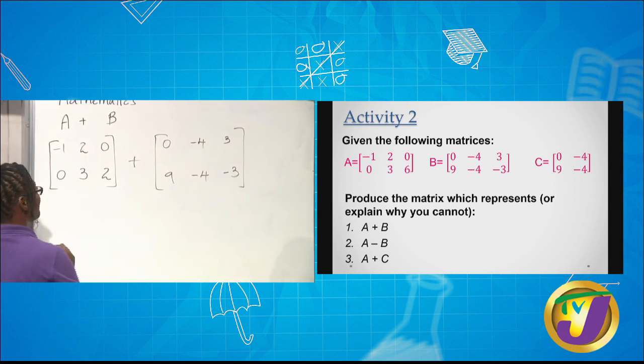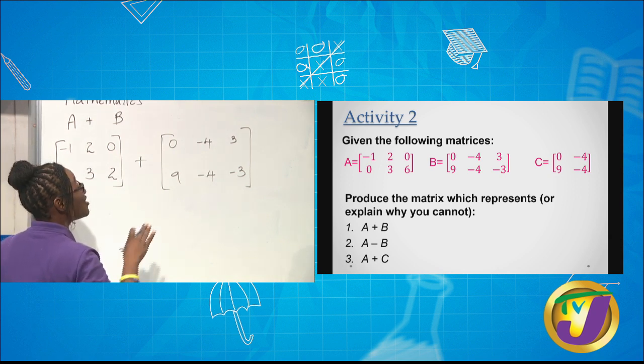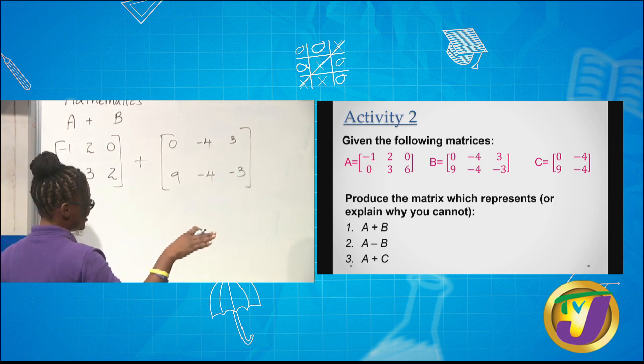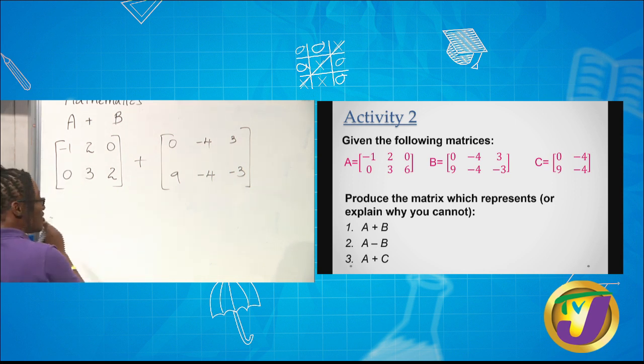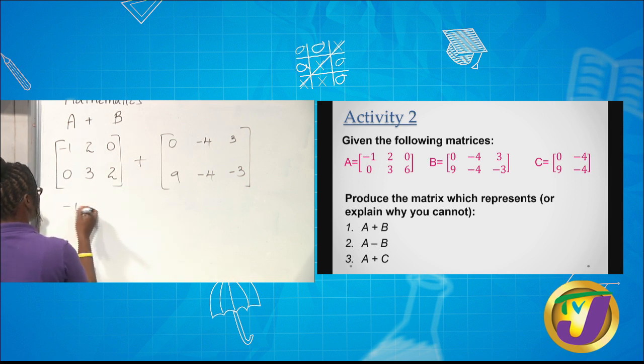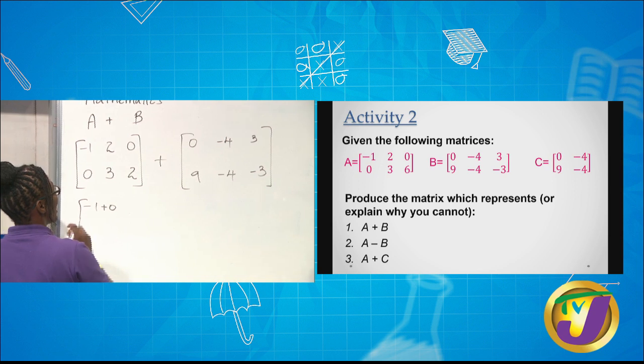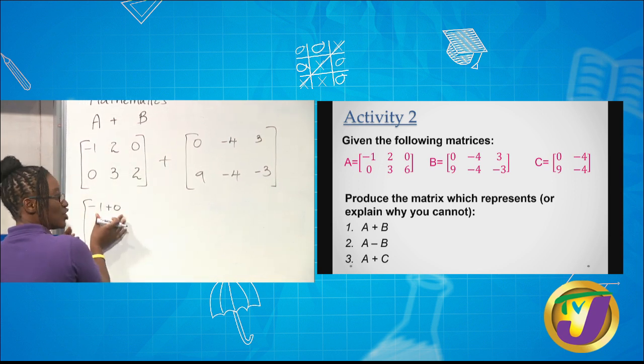What's the first thing you're going to do? We're going to look for the elements that are corresponding. So negative 1 plus 0. Because I'm looking at row 1, column 1, it's going to be positioned at that location as well.